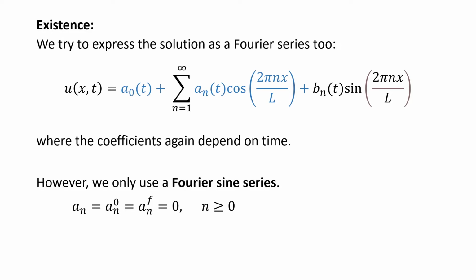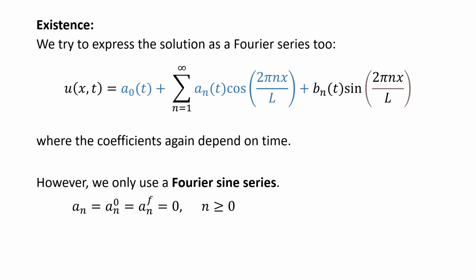The explanation for that will follow shortly. So specifically, we will henceforth assume that the coefficients a all vanish. Formally, for all n starting at 0, we have a_n equal a_0n equal a_fn all equal 0. So the only terms that remain will actually be the sine terms in those Fourier series.